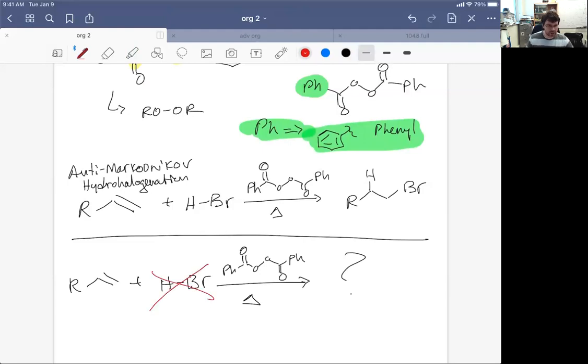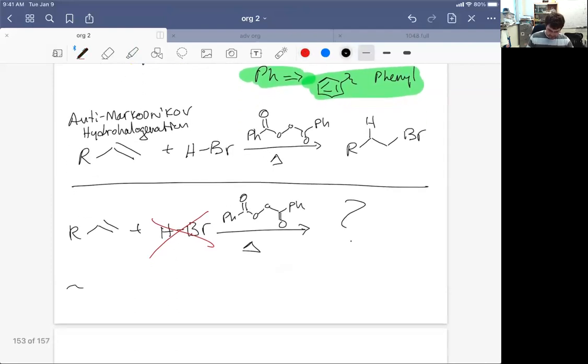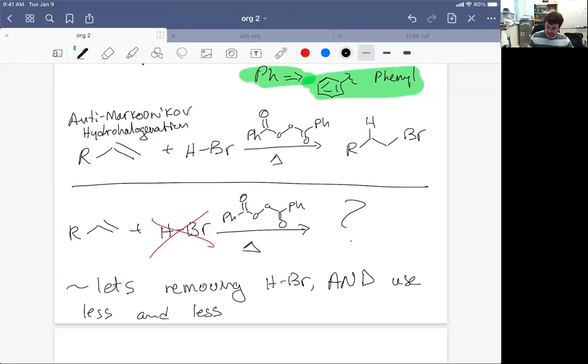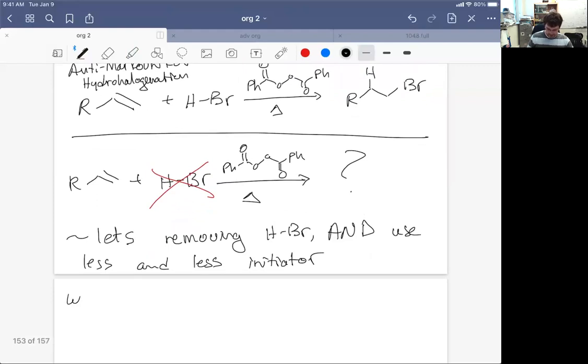I want to avoid the use of HBr. Additionally, let's remove HBr and use less and less initiator. Okay. Well, now with these constraints in place, let's ask the question, what happens?